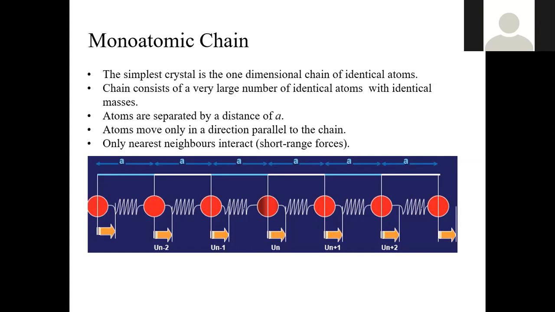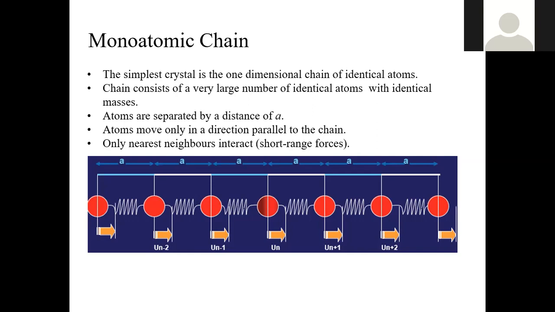If you go to the right side, the next atom has displacement un plus 1, and the next atom is un plus 2, and so on. If you go left, then the displacement of the atom is un minus 1, and the next left atom is un minus 2, and so on. So this is the arrangement.